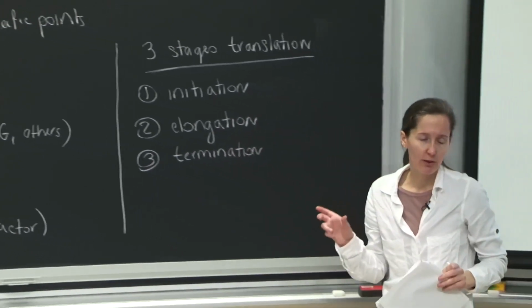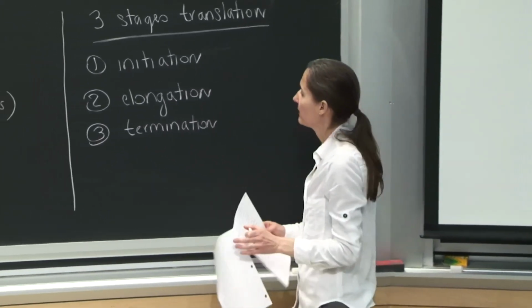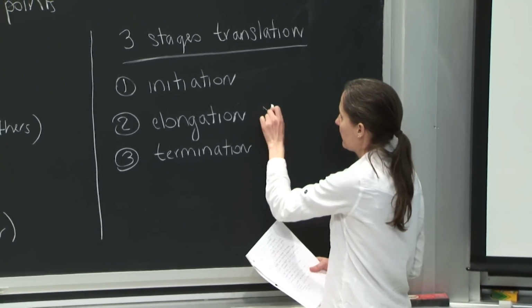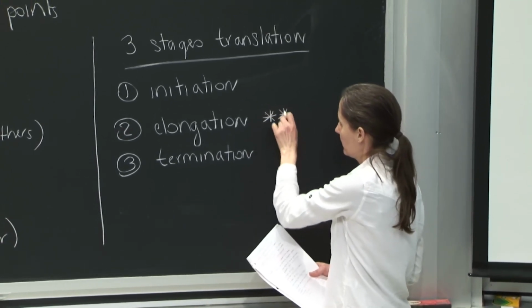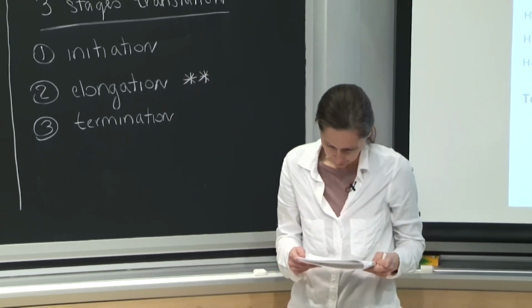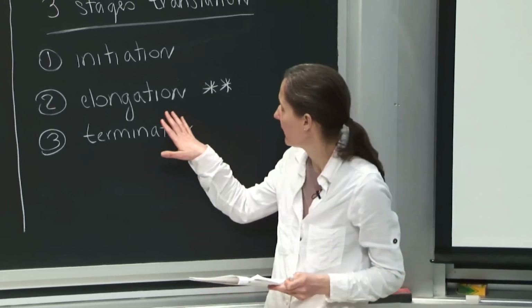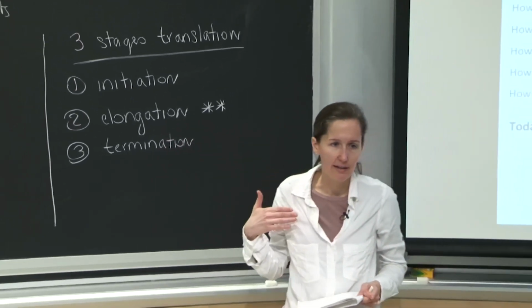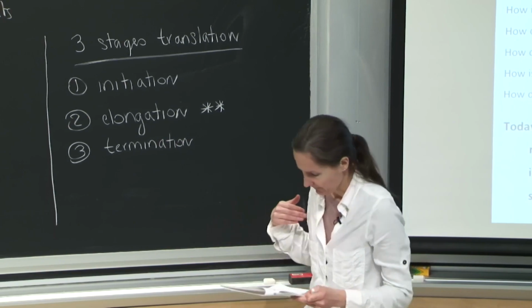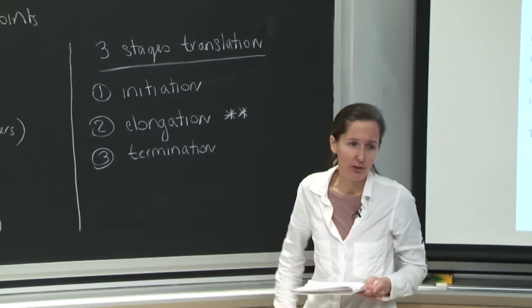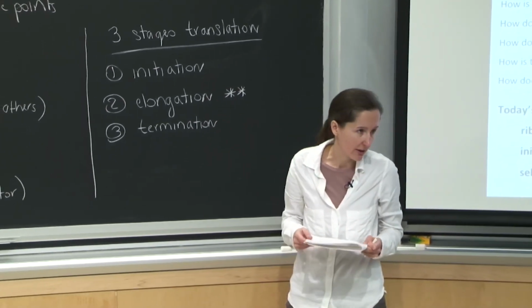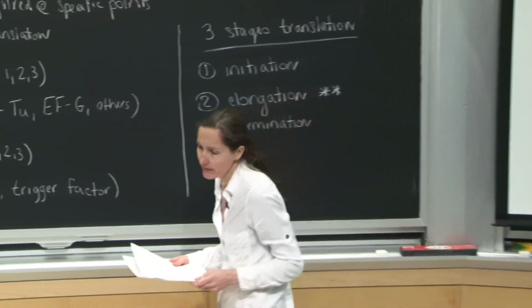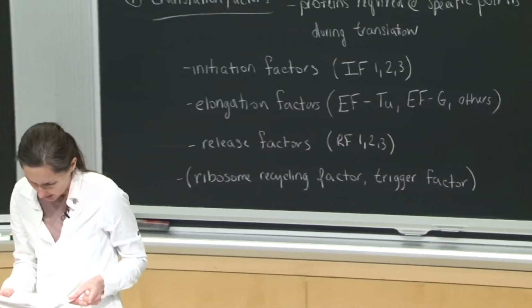Where we'll be focusing the lectures next week, and really this whole module, is on elongation. I'll just note that the elongation cycle is highly conserved. Termination and initiation vary quite a bit between prokaryotes and eukaryotes in terms of the processes and involved players.